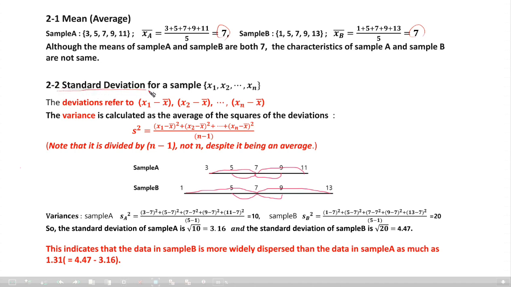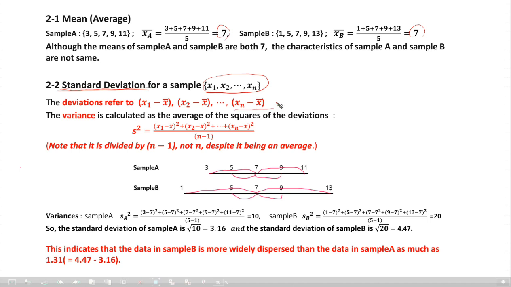Let's consider a sample x1, x2, ..., xn. How to get standard deviation? First, the deviations are x1 minus x bar, x2 minus x bar, ..., xn minus x bar. There are n deviations, right?